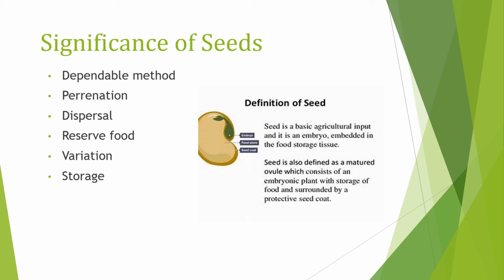Now for complete understanding of the chapter, you can watch all the 5 parts of this chapter Pollination and Fertilization, in which I have described separately about pollination, self and cross pollination, agents of pollination, fertilization, and lastly fruits and seeds.